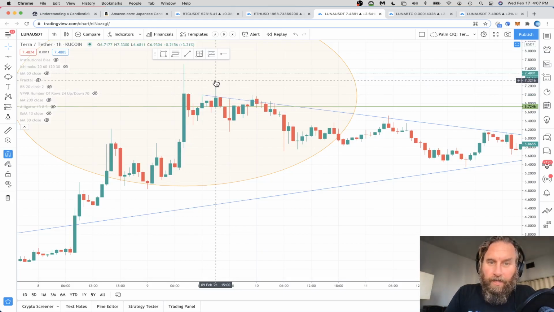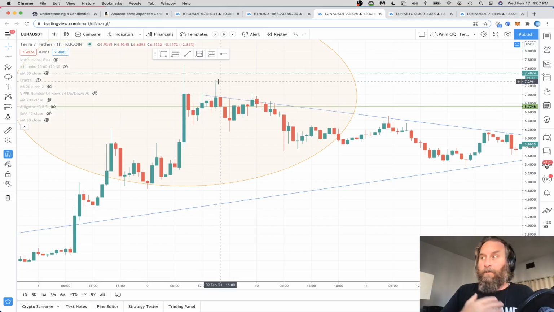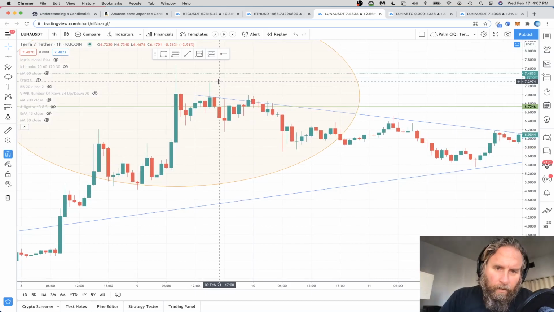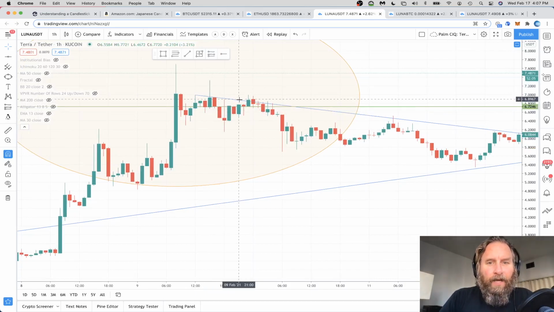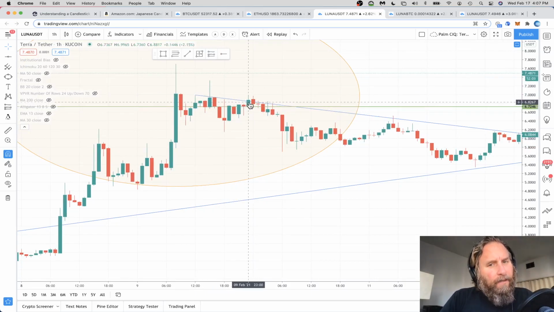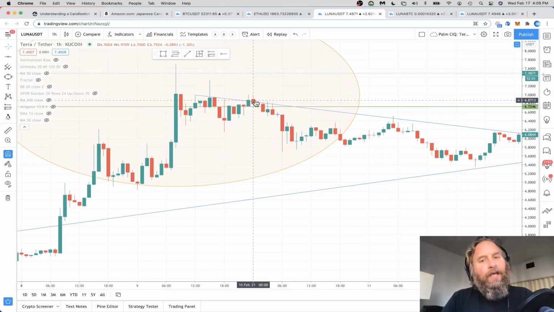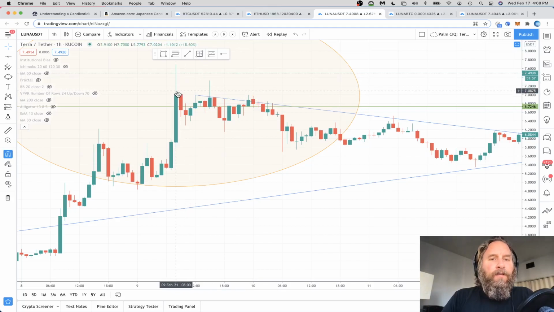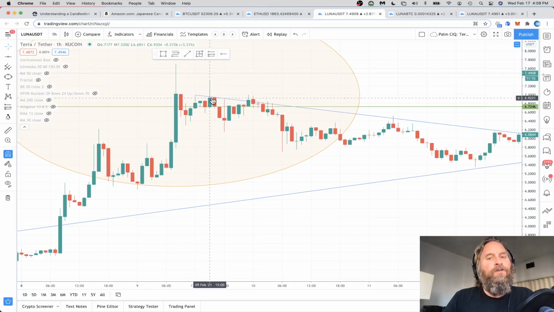Or, people saying, oh, I'm glad it popped back up here. I'm going to take some profits and get out now, right? And then it got pushed back down, and then it looks like it's consolidating, and it looks like it might form a flag, and this could have been bullish, but I think what these big wicks getting pushed down told us here is that most likely this was going to break bearishly.